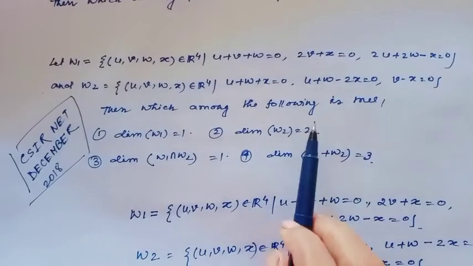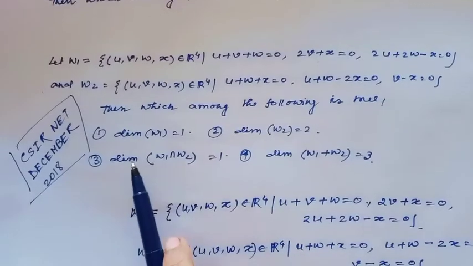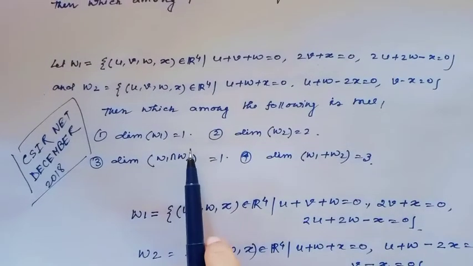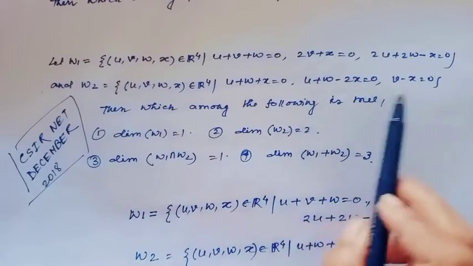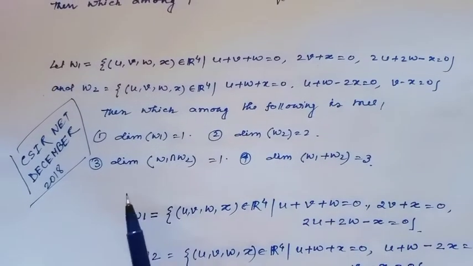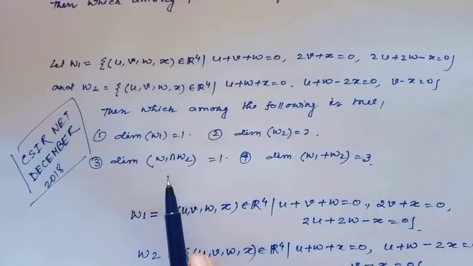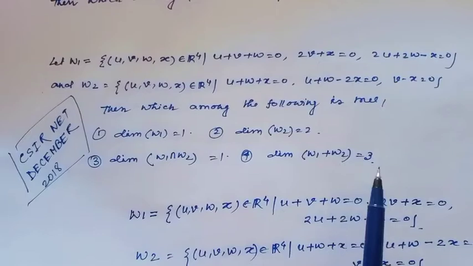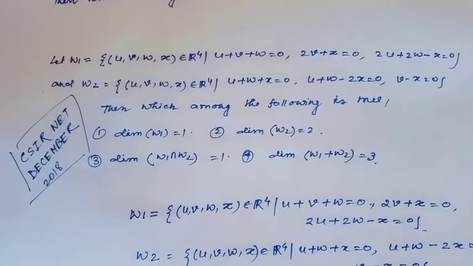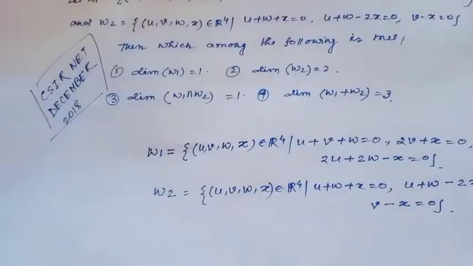Which of the following is true? Option 1, dimension of W1 equal to 1. Option 2, dimension of W2 equal to 2. Option 3, dimension of W1 intersection W2 equal to 1. Option 4, dimension of W1 plus W2 equal to 3.